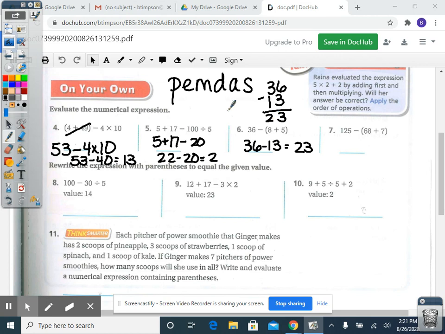Last problem that we're going to do together is problem 7. So parentheses comes first. 68 plus 7, that is 75. Now I have 125 minus 75. You can solve that out on the side if you would like. That answer is 50.